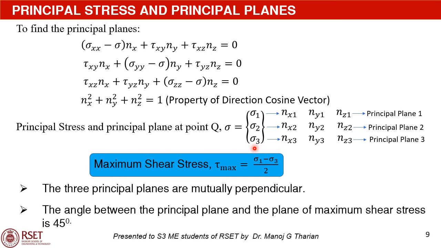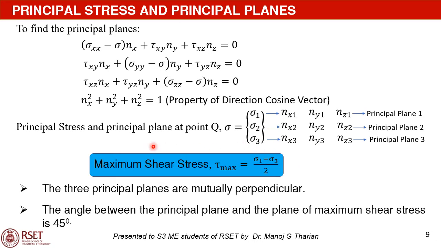And substituting this sigma 3 value in this set of 3 equations, we will get the values of nx, ny, nz as nx3, ny3 and nz3, which represents the direction cosines of the normal to the principal plane 3. Thus, for a given state of stress, we get the principal stress values and the corresponding principal planes represented by these direction cosines.